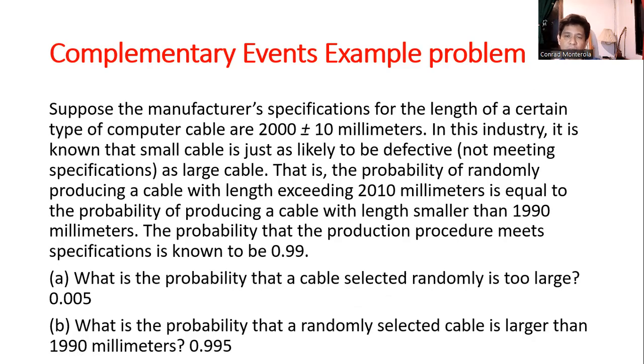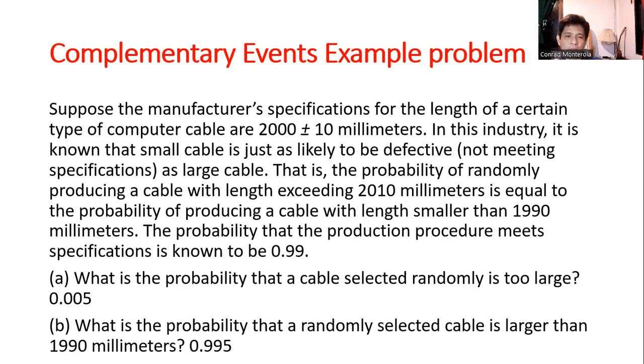Ano yung sinasabi nung second sentence? That is the probability of randomly producing a cable with a length exceeding 2010 millimeters is equal to the probability of producing a cable with a length smaller than 1990 millimeters. So the probability that the production procedure meets specification is known to be 0.99.